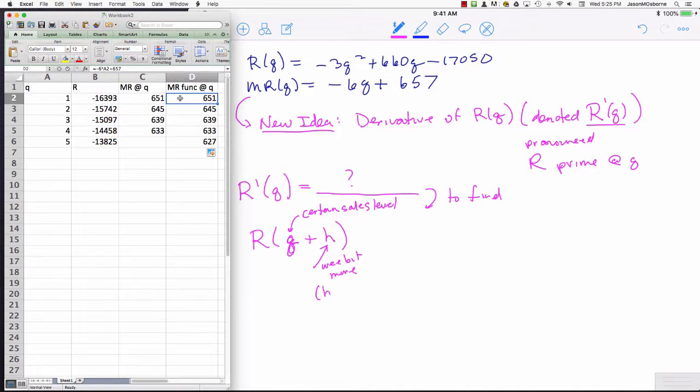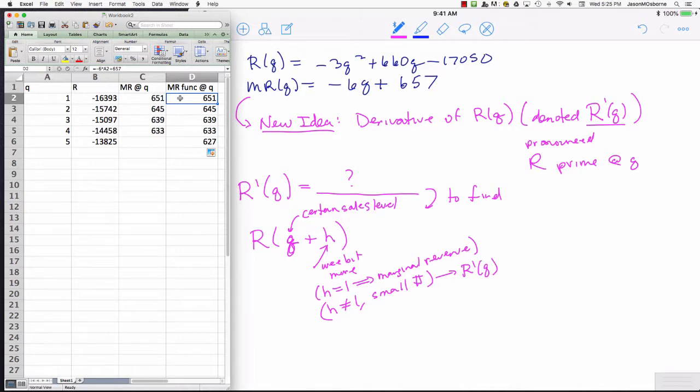And this h, if h is equal to 1, that will get you back to the marginal revenue idea. But if h is not equal to 1, it's say a small number, right? That is where the value of R prime comes in.